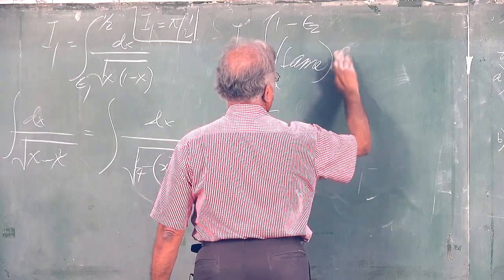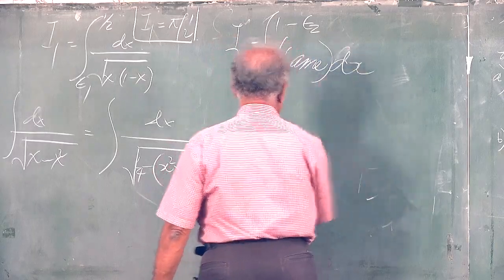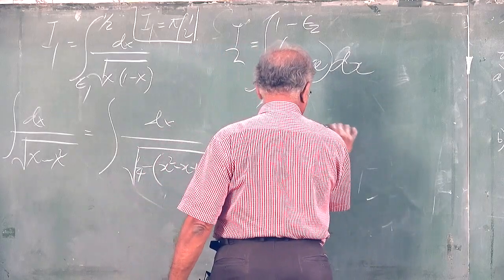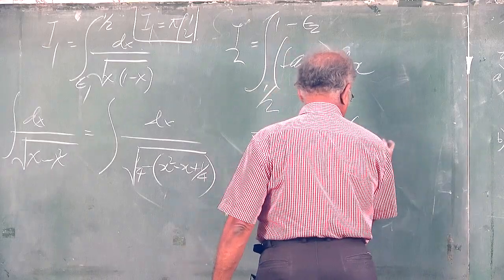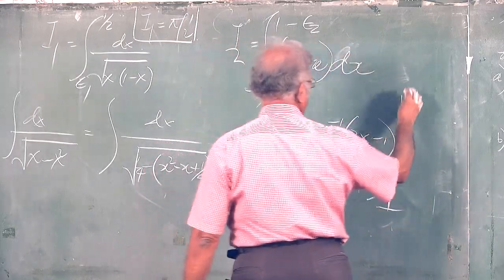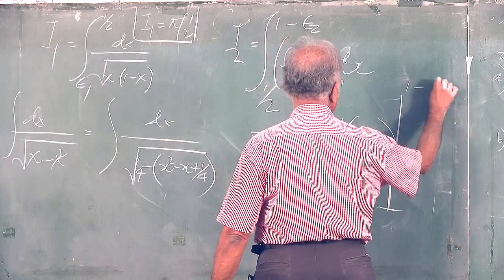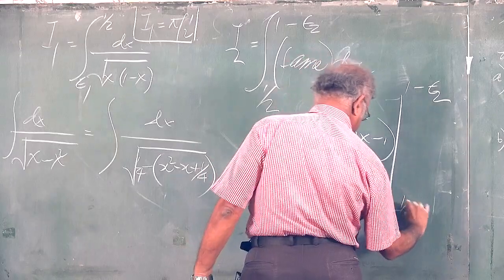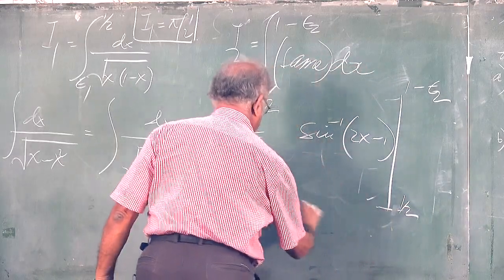This is sine inverse of 2x minus 1 trapped between the limits 1 minus epsilon 2 and half.